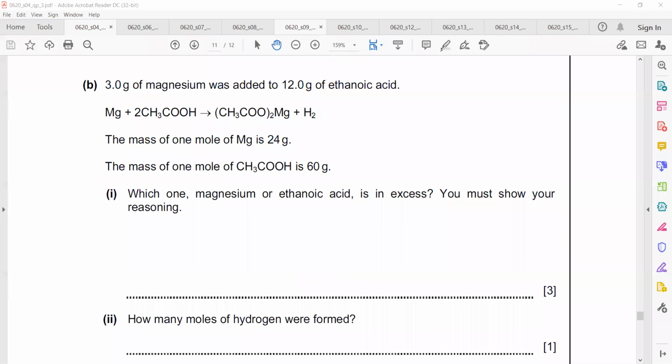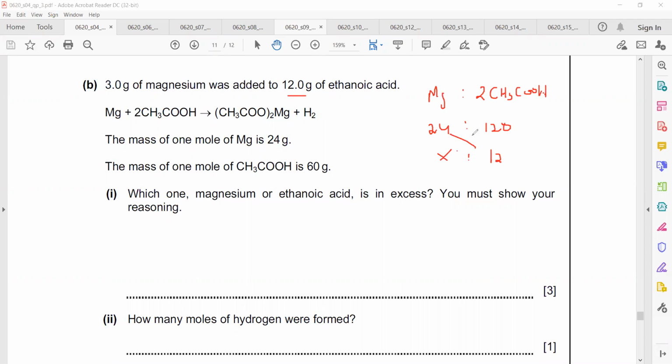You can also solve this question the other way around. For example, you have magnesium and ethanoic acid. The ratio of the mass is 24 is to 120. If I have 12, then how much magnesium is needed?